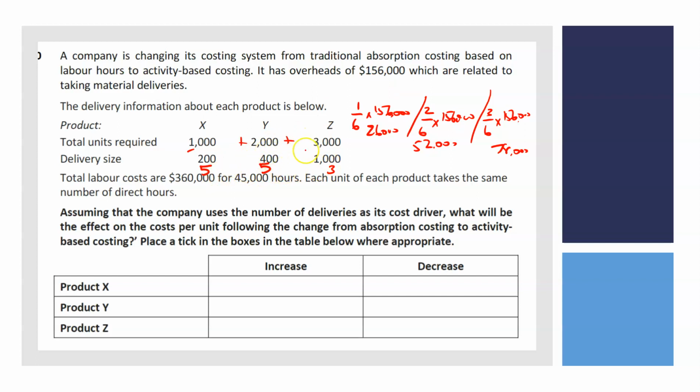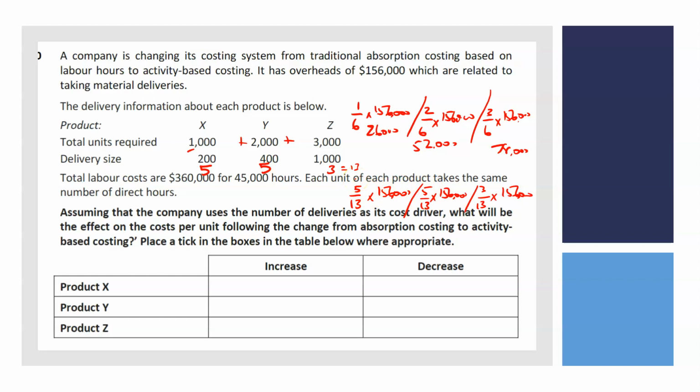So again, I can see straight away that here I could change a gear and say the total is 13. So this is in the ratio of 5 over 13 times 156,000, 5 over 13 times 156,000, and 3 over 13 times 156,000. So I can calculate that.